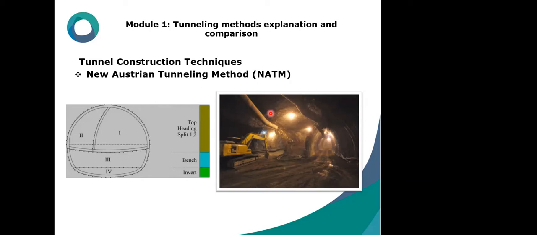In this method, excavation of the tunnel section is aligned with geotechnical monitoring. This method surely has advantages and disadvantages. One of the most important things about this method is that excavation of the tunnel section is accompanied by continuous monitoring, and we are going to explain why it is useful.